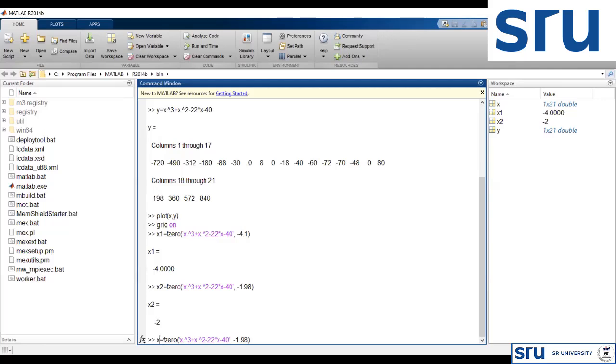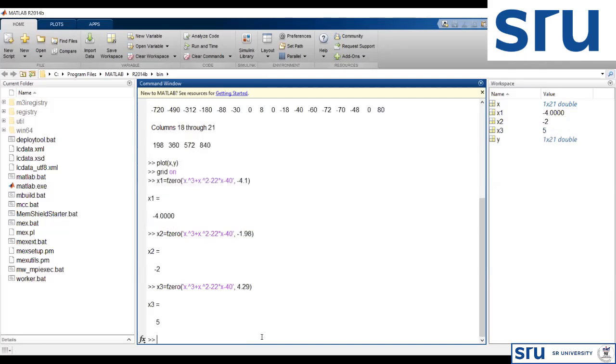In that way I am accessing it. So for x3 just change the guess: I will take 4.2 or 4.3 or 4.289, any value you can take, but it will give the exact root, 5 only. See, in this way you can get the values.